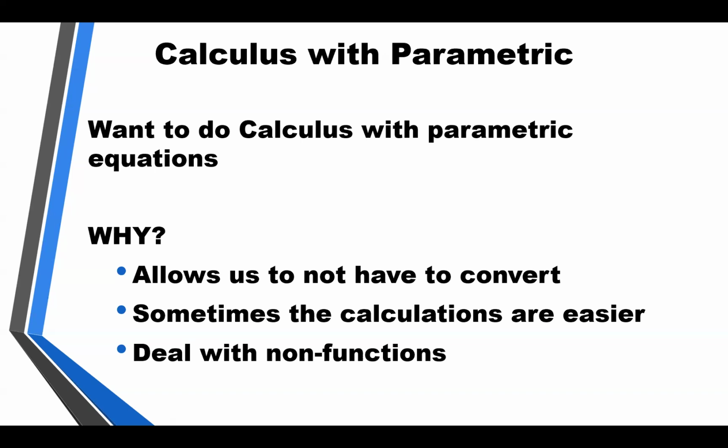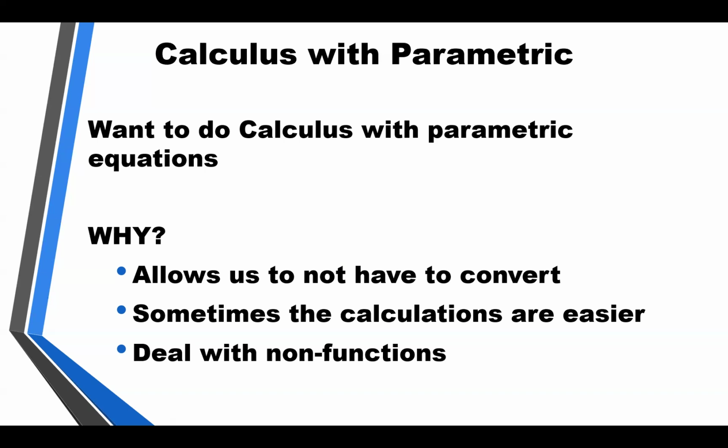Now the question is, why would we want to do this? Well, obviously, if we're already dealing with parametric equations, then doing the calculus with the parametric equations themselves allows us not to have to convert back and forth between rectangular and parametric form. Another reason is that sometimes the calculations are easier to deal with than they would be in rectangular coordinate systems.